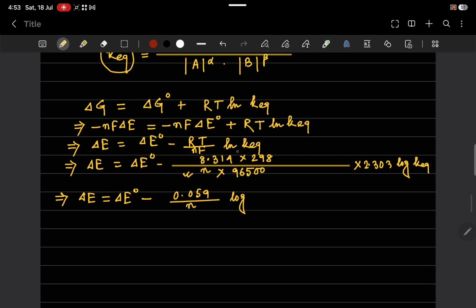You can put here C to the power gamma, D to the power delta, over A to the power alpha and B to the power beta.